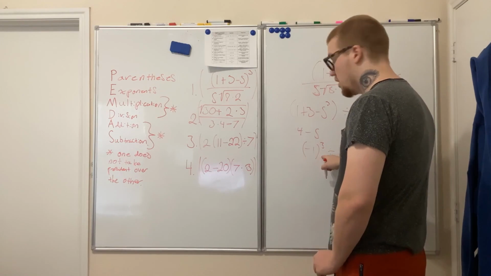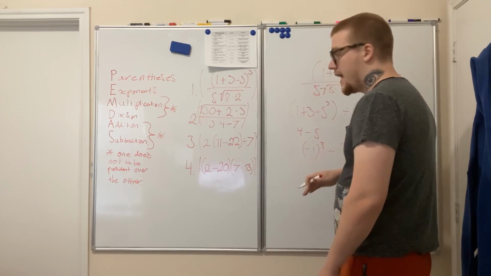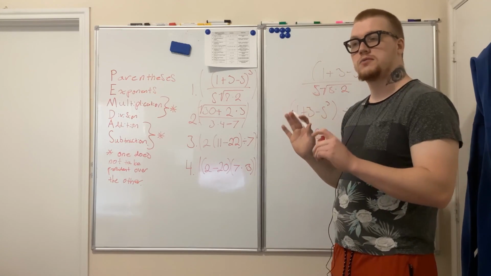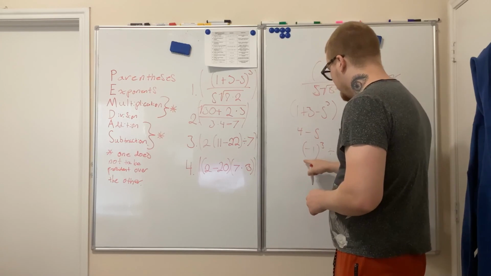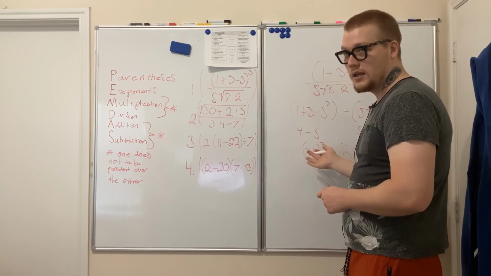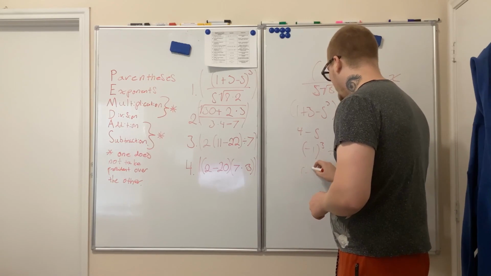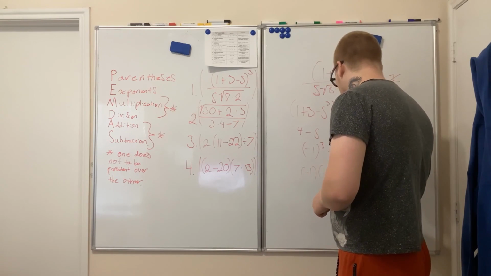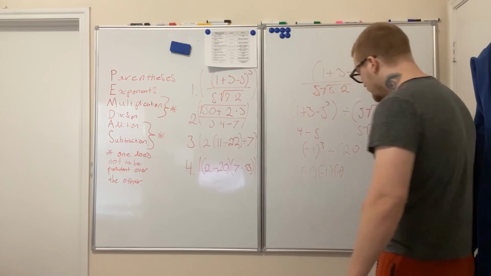And then when you have a cube or any type of exponent that is odd and your given number here is in parentheses, you're basically going to just write it out like this. 1, 1, 1, there.